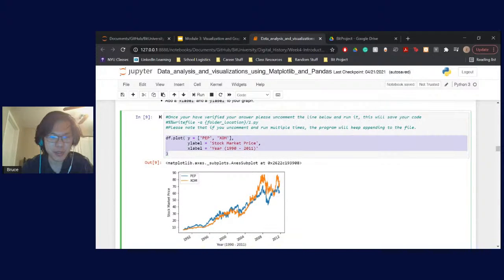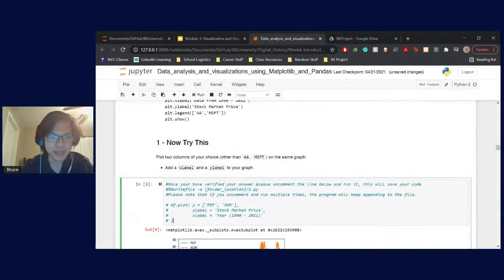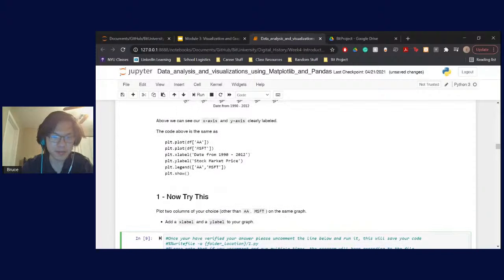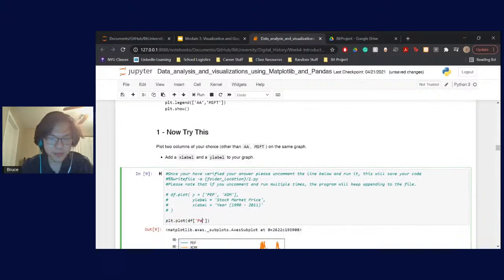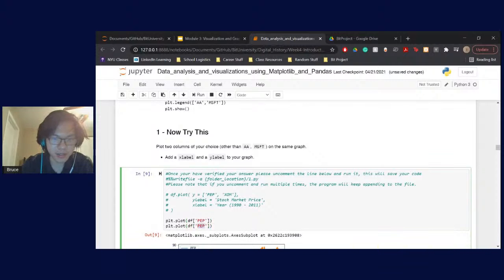If we want to be doing this with Matplotlib instead for any reason, generally you want to be following this up here, plt.plot. Plot, and then the name of the data, and then we index the particular column. And then we do it again, except for the other column.